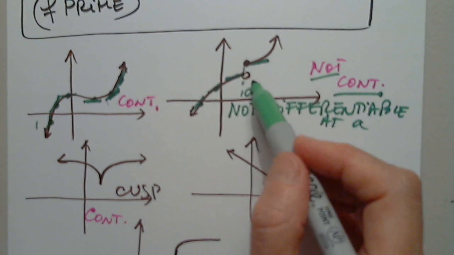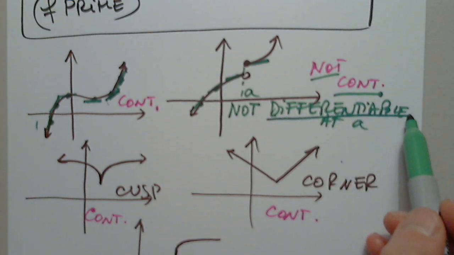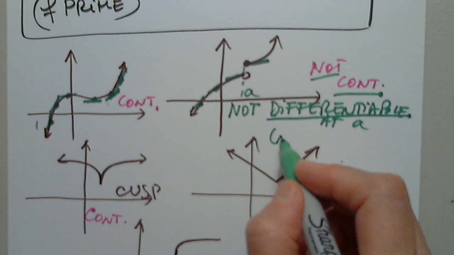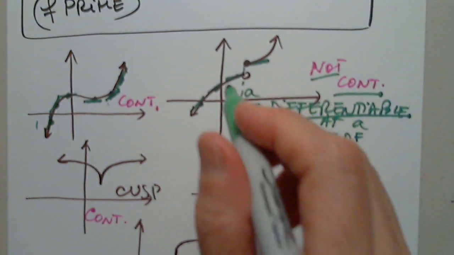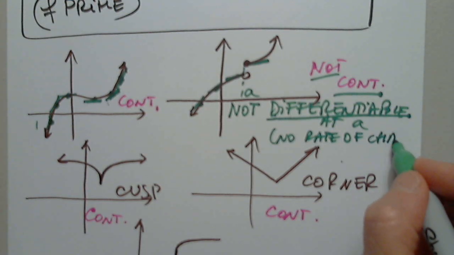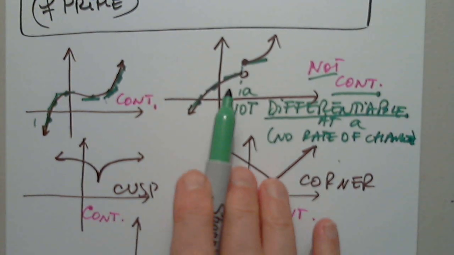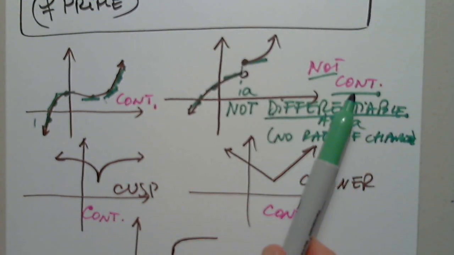It does not have a rate of change, in other words. Not differentiable. No rate of change at that point. It has a rate of change everywhere else, but not at this point because it's not continuous.